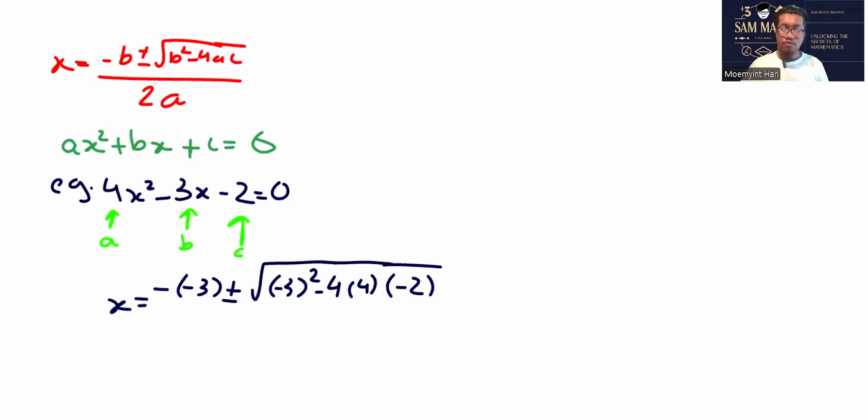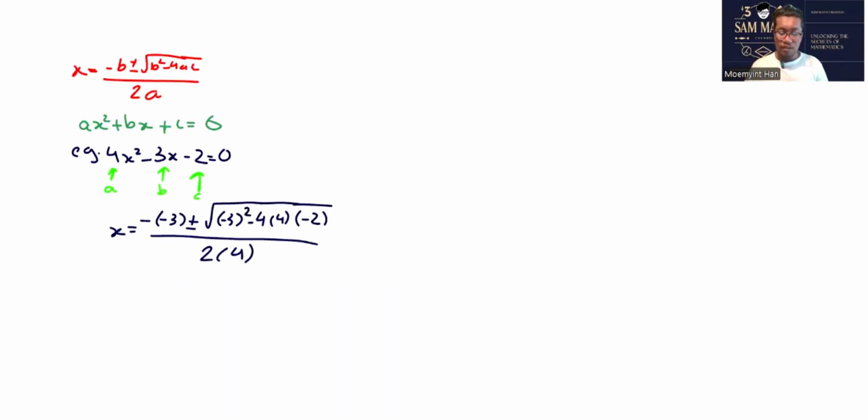Be really careful of the signs when you do this kind of thing. And then 2a, a is 4. I feel like I should zoom out a little bit. Okay, you can still see it pretty well.